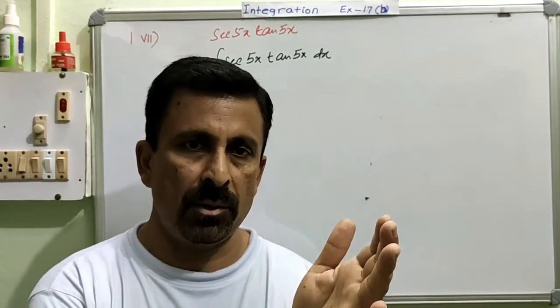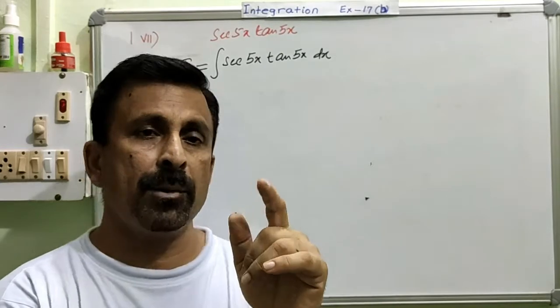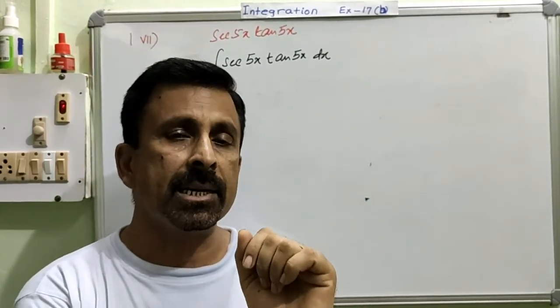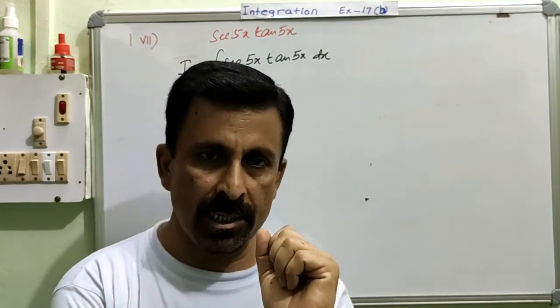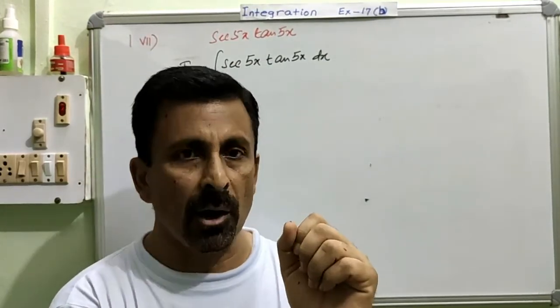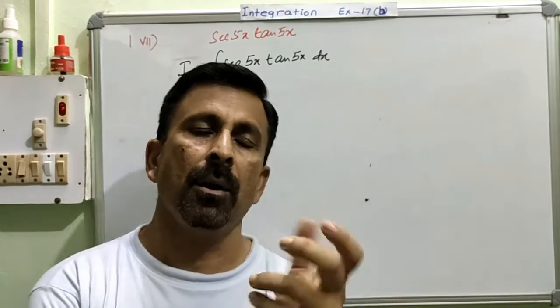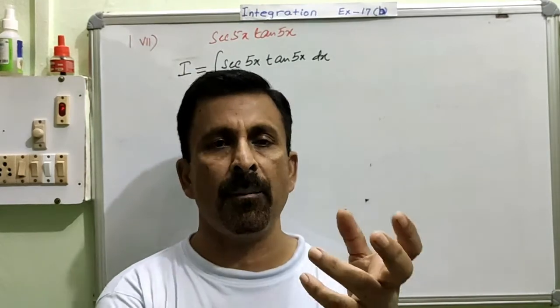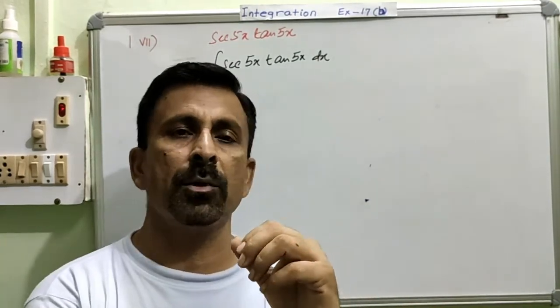You know the product rule. Similarly, we have the rule for the quotient form, the division form. But in integration, there is a limitation. In integration, we do not have any rule for product or for quotient form. If you have your function in the product form or in the quotient form, then we don't have any rule.